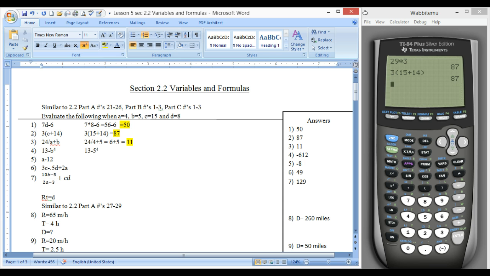Now something I haven't talked about yet, and what I always do in my other classes, is I put parentheses around whatever I'm substituting. So if it's A, I'd put parentheses around the 4, where I found the A. In this case, I find it extremely helpful to put it around the 5 because I know that the 5 is a positive 5 and not a negative 5.